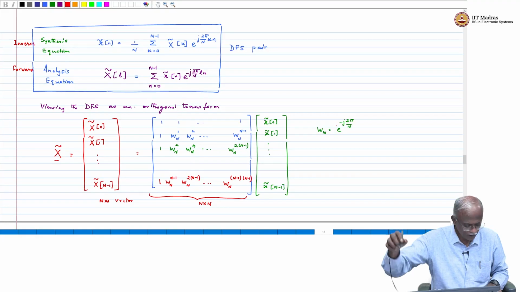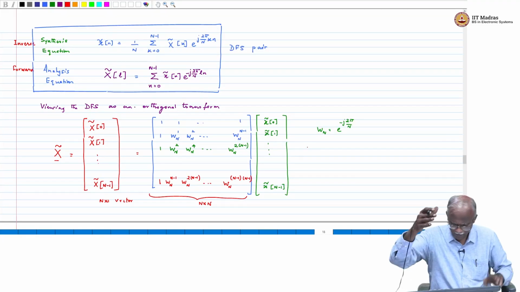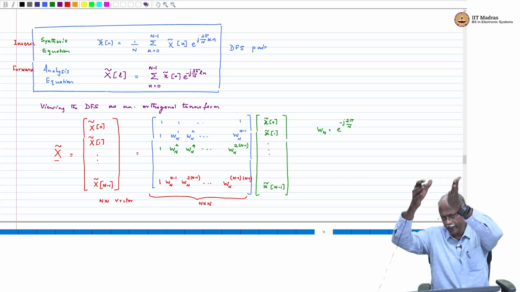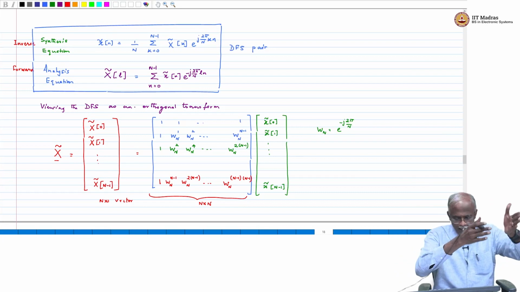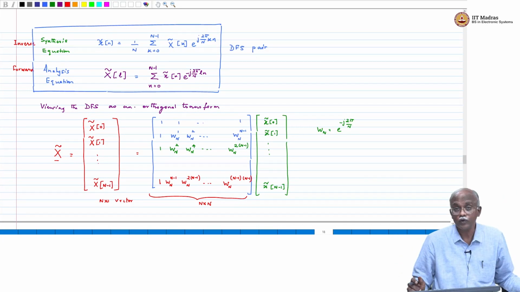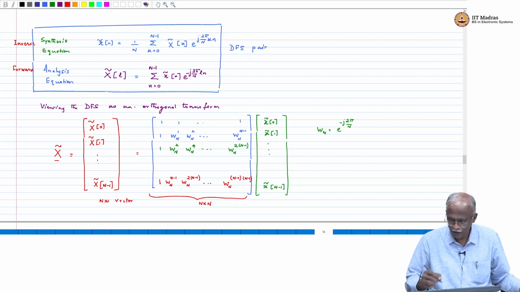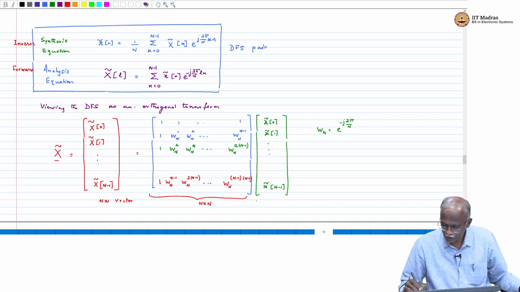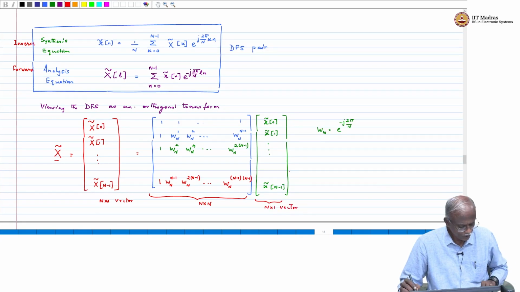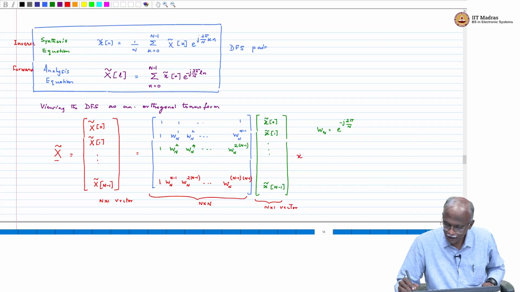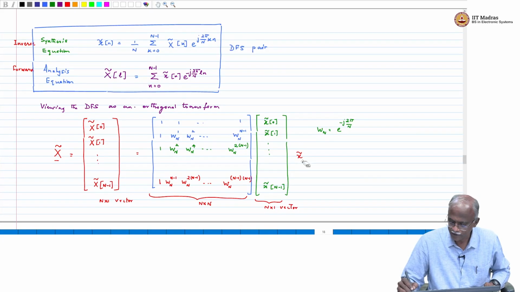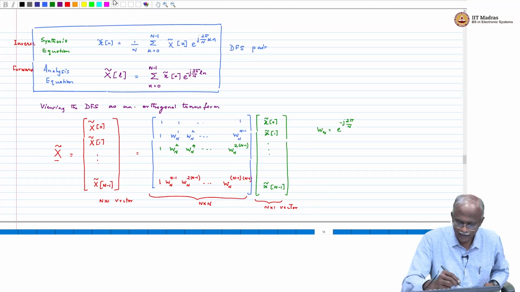The input vector is one period of the periodic sequence and the output vector is the Fourier series coefficients. Of course this is also an n cross 1 vector, denoted as x tilde.